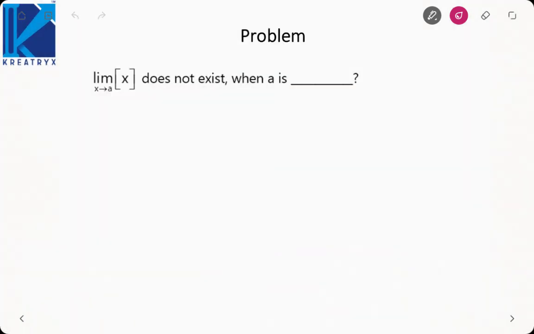Moving forward, it is asking: the limit as x tends to a of GIF of x does not exist when a is what? I showed you the graph of GIF in the previous lecture. It was something like this. Now look at an integer point, let us say 1. To the left of this it will be 0, to the right of this it will be 1. So we say the limit does not exist at x equal to 1.